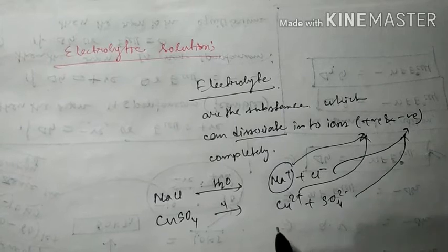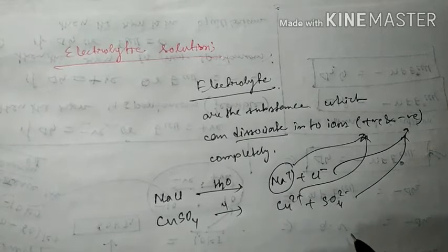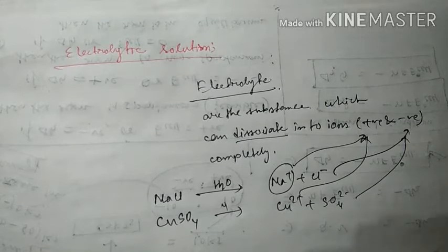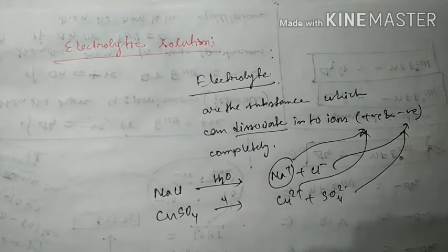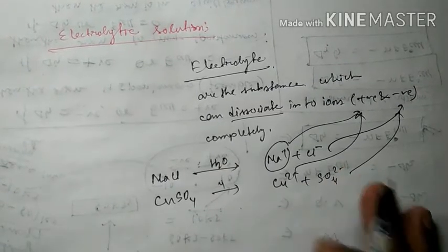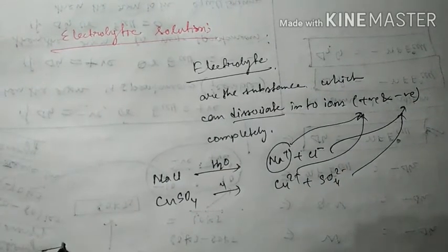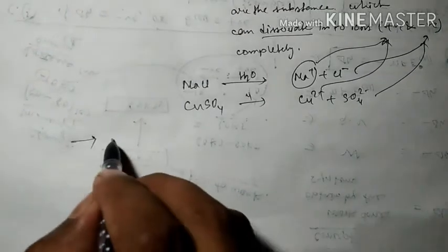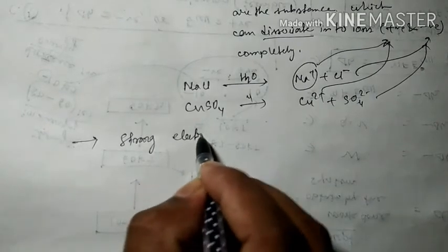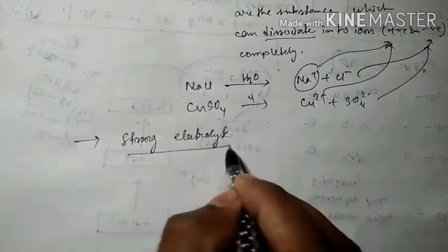Now see, the passing of electricity through water. Wait, let me explain first what the types of electrolyte are. Electrolytes are of two types. First one is the strong electrolyte.